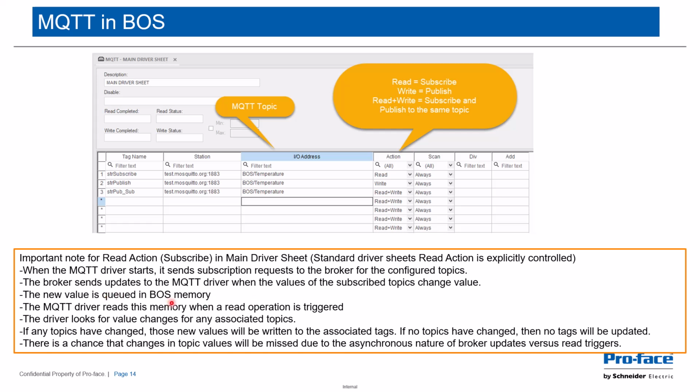The broker will update the MQTT driver when the subscribed topics change value, but that value is only queued in Blue Open Studio's memory. When the next driver read cycle comes along, it will take the value from the memory queue, and if it's changed, write it to the tag.